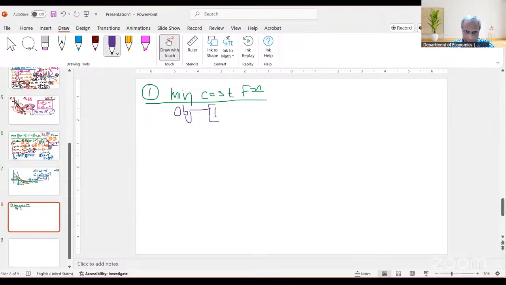That is the objective as a producer. We did this exercise before. Like we said, there's a constraint when you minimize cost. You have to produce a certain amount of output, the given output, subject to the output.